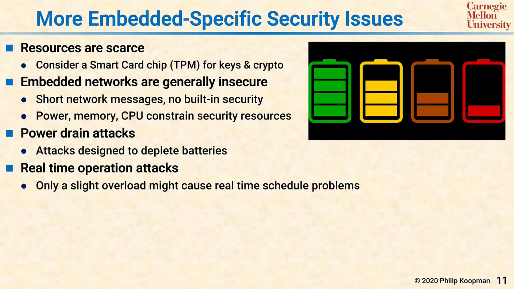There are also real-time operation attacks possible. If you overload a system, it might start missing real-time scheduling deadlines because it was never designed to handle that amount of load. You might have a system for which alteration of the design causes a problem. Consider, for example, a car in which someone might intentionally modify the software to improve performance at the expense of defeating emission devices.